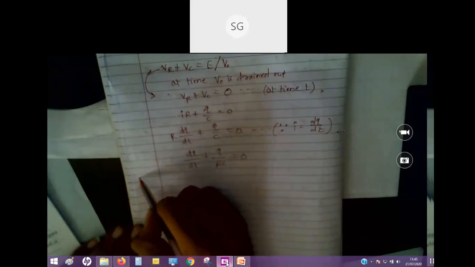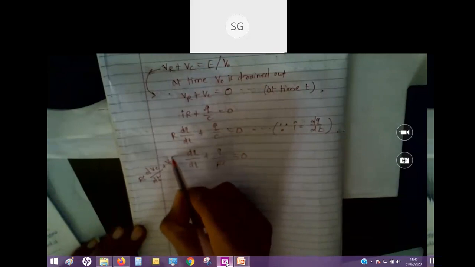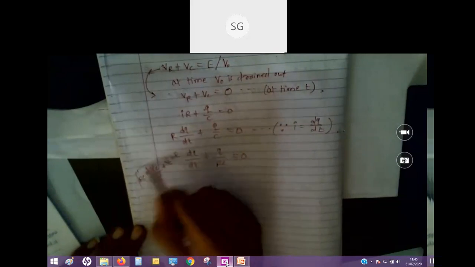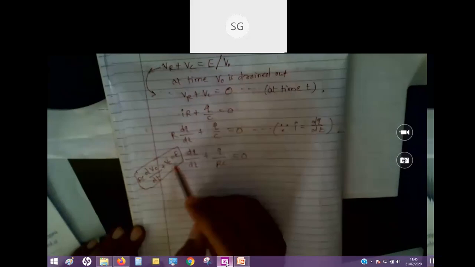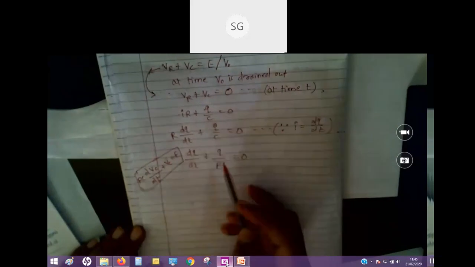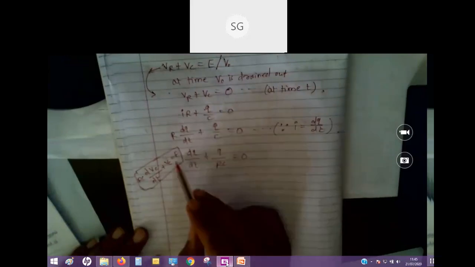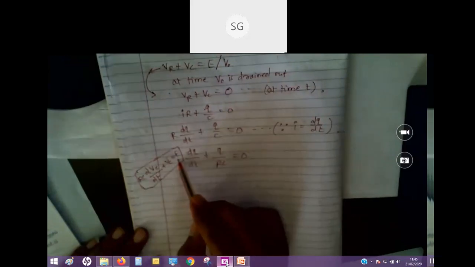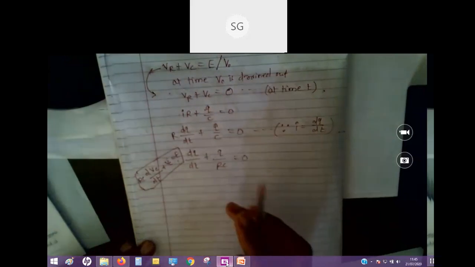Yesterday's form was RC dVc by dt plus Vc is equal to E, since the example was different. Both forms can be used, and depending on the condition given in the example, equal to 0 or equal to E, you have to identify. In this case it is equal to 0 because the battery is drained.